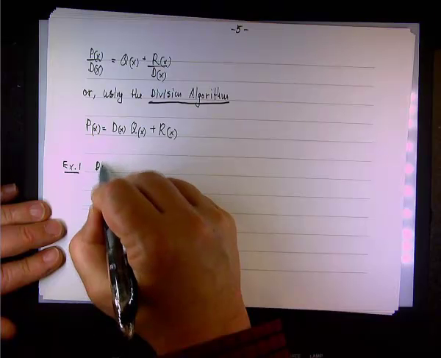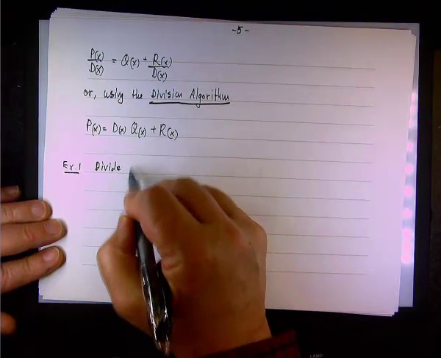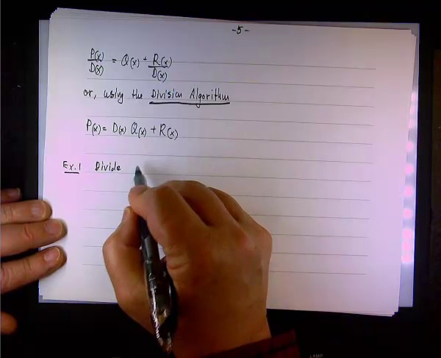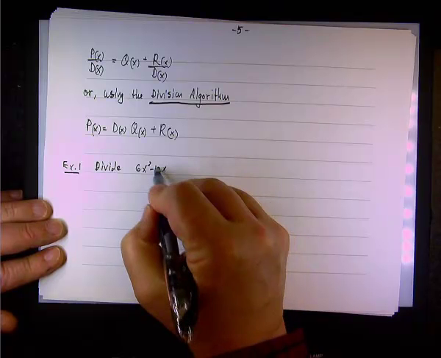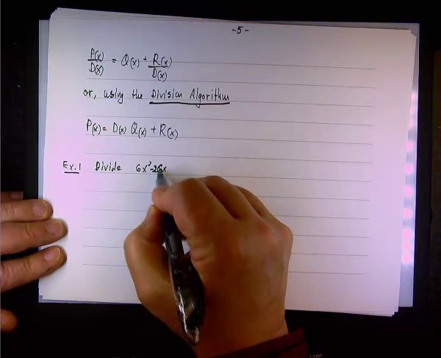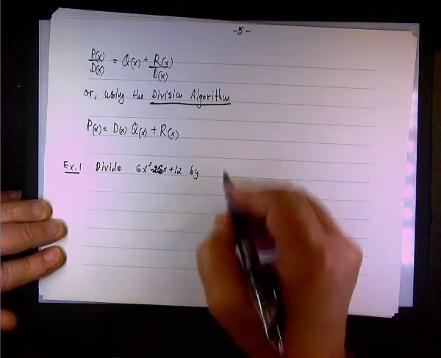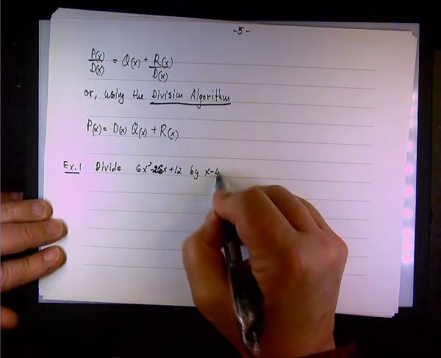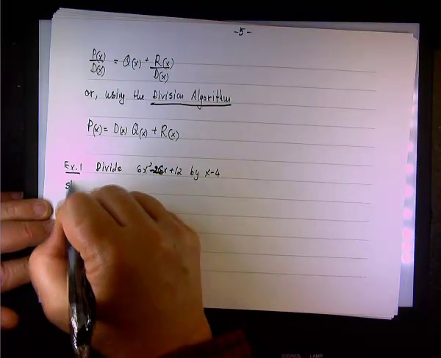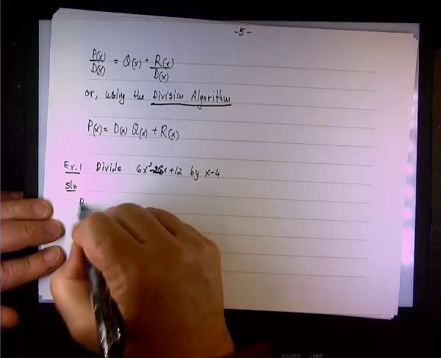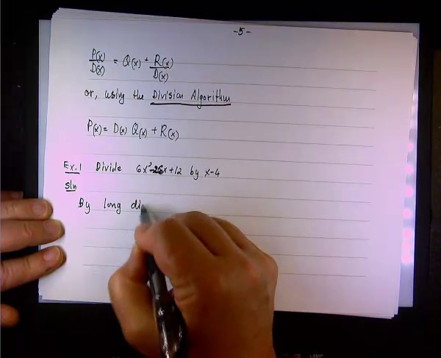In the first example, we're going to divide the polynomial 6x squared minus 26x plus 12 by x minus 4. Okay.